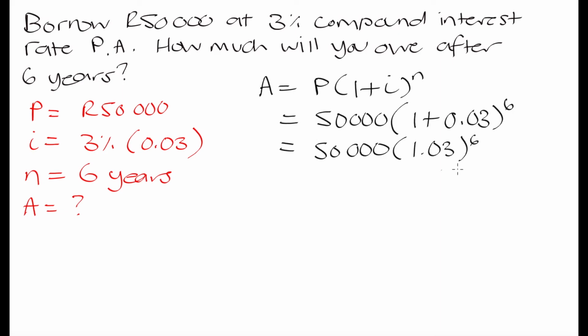If we plug this into our calculator, we are going to get 59,702.61. So at the end of our 6 years, we are going to owe 59,702 Rand and 61 cents. So that additional 9,702 Rand and 61 cents is going to be the interest that we paid on this 50,000 Rand principal. So this is our final answer.